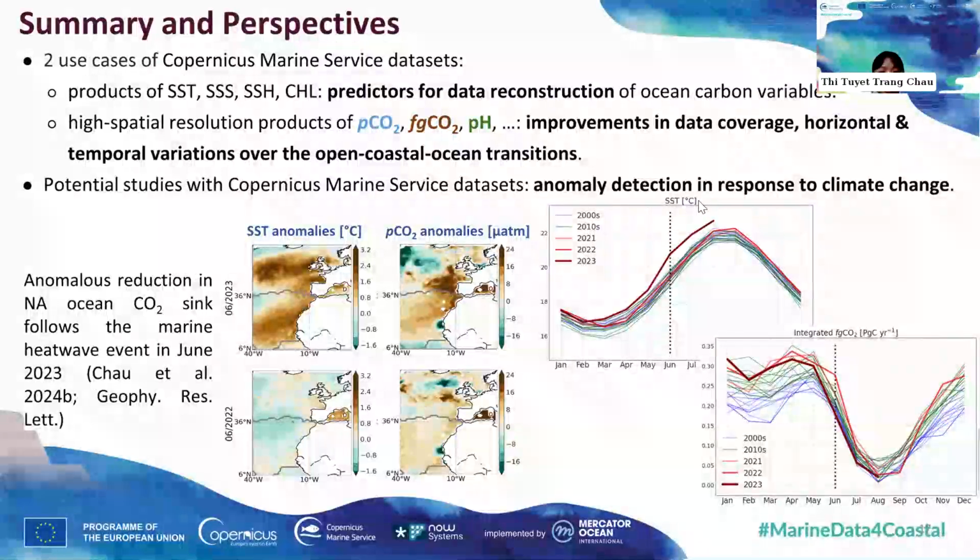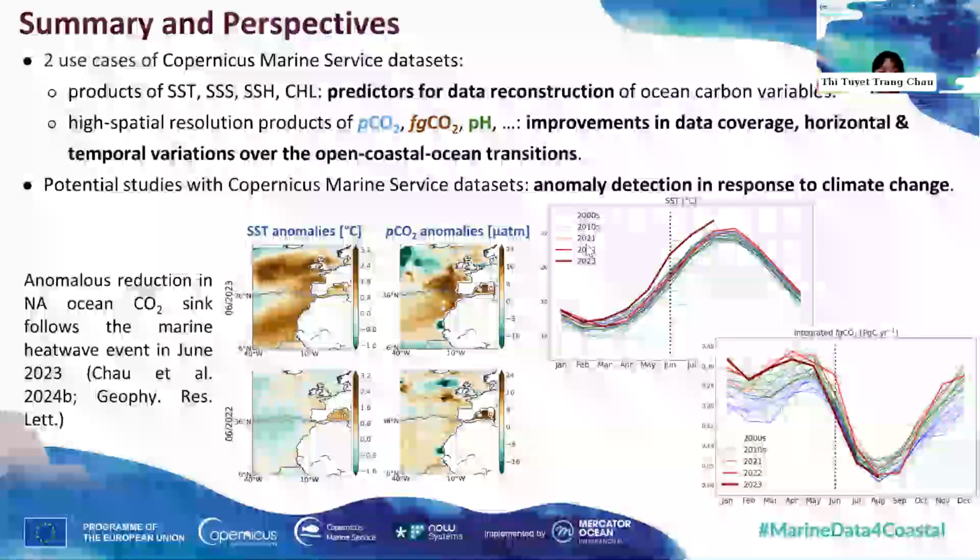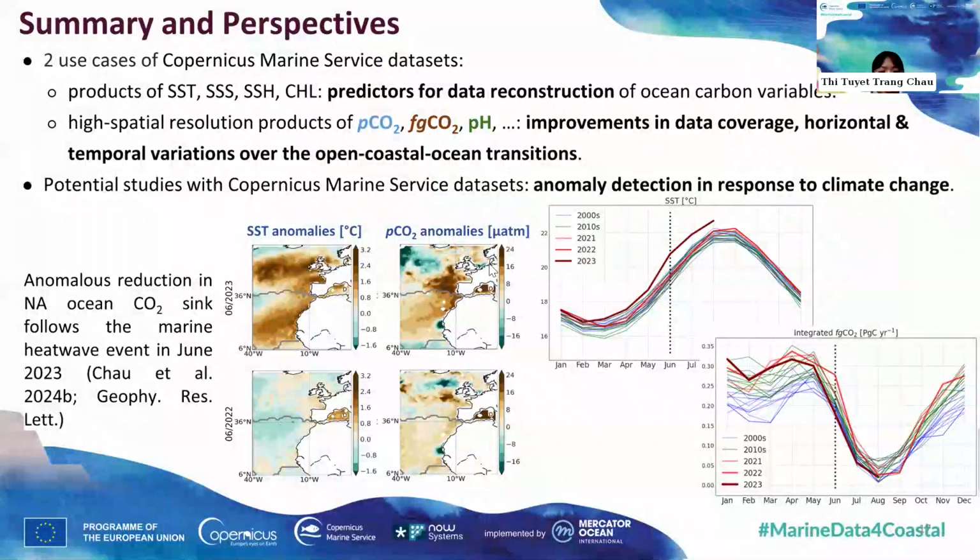For example, the recent study here shows that extreme heat wave events spread widely from the open ocean to the coastal sector of the northeastern Atlantic in June 2023, which had not been observed in the previous years.